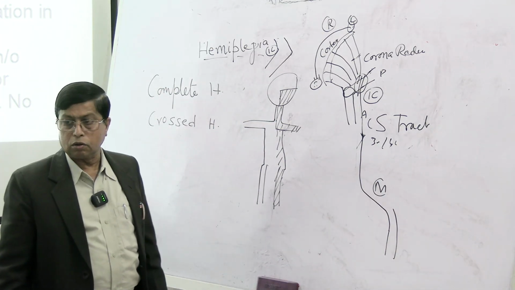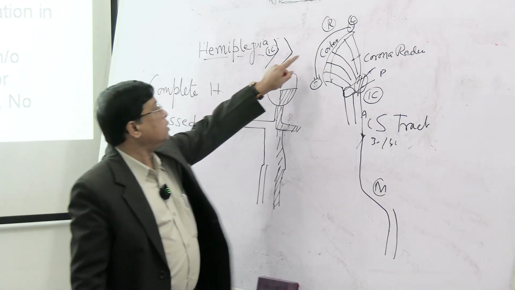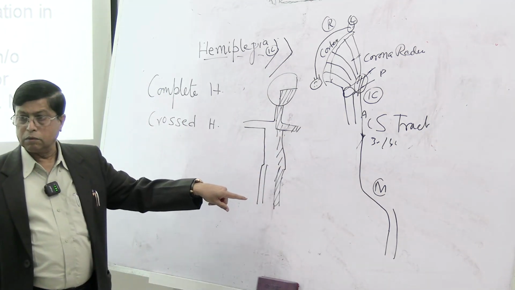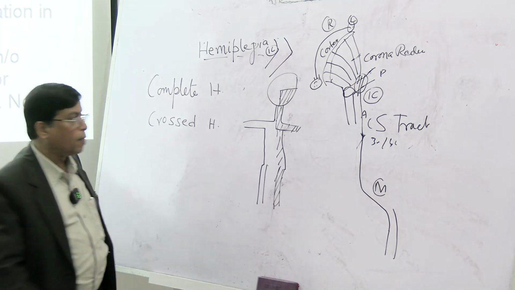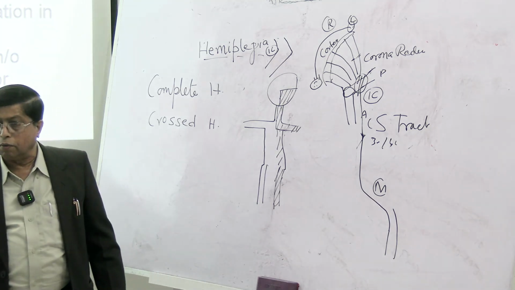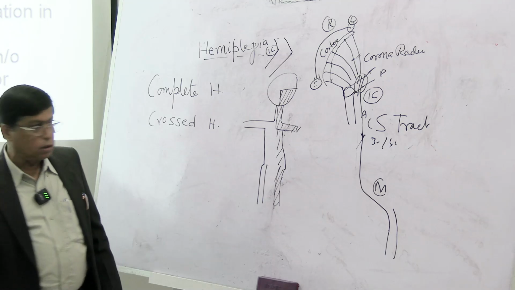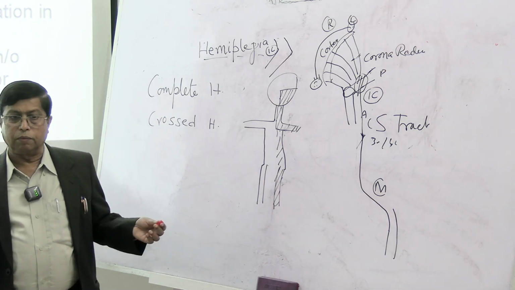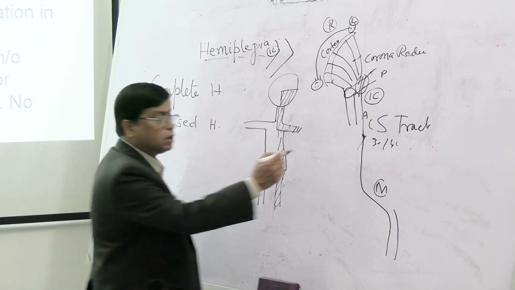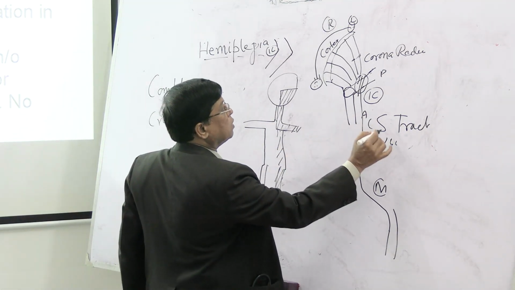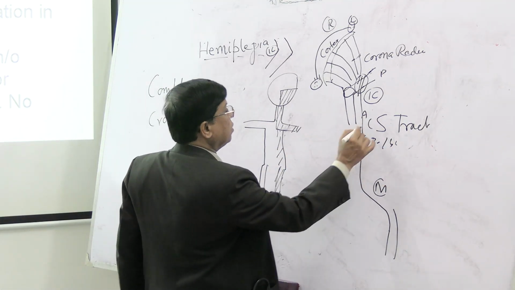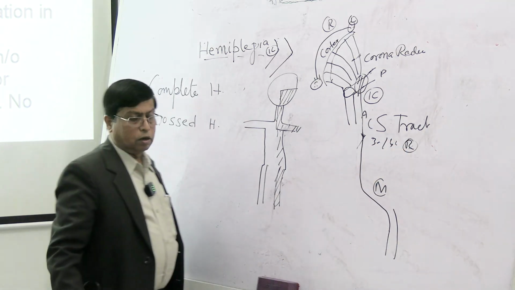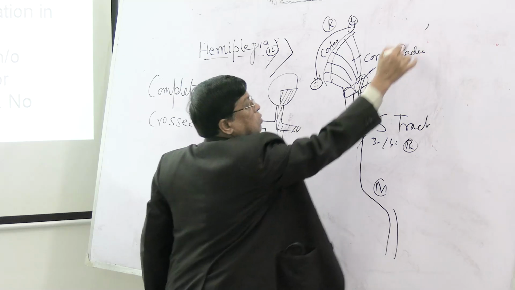So a right sided lesion will cause left sided hemiparesis, but cranial nerves are not involved if it is in the internal capsule. Why are cranial nerves not involved? Because cranial nerves are supplied from both sides. If it is on the right side, the right third and fourth are also supplied by the left nucleus.